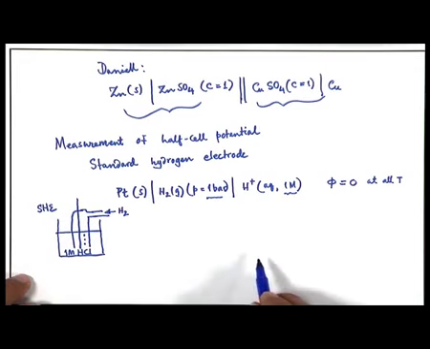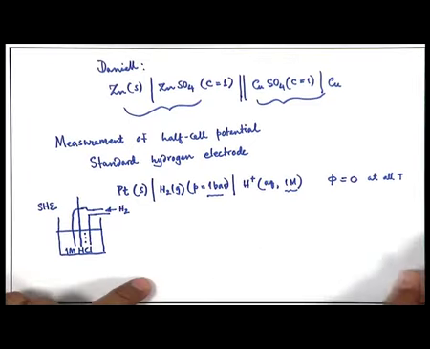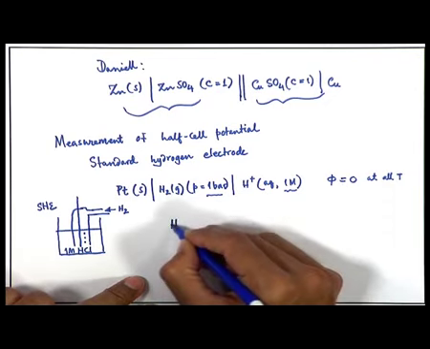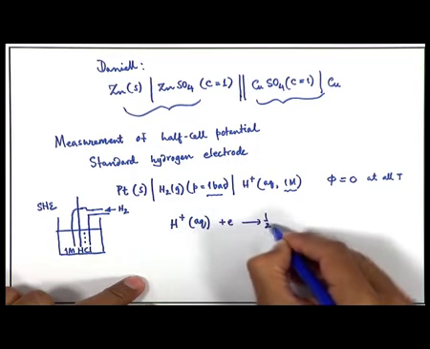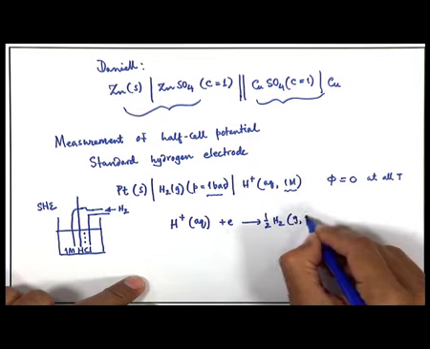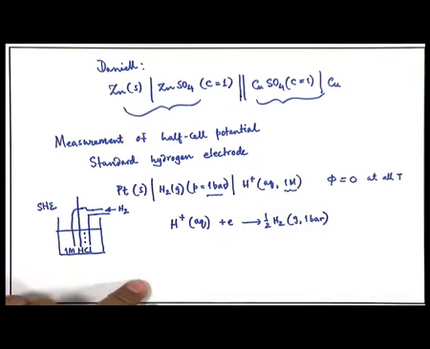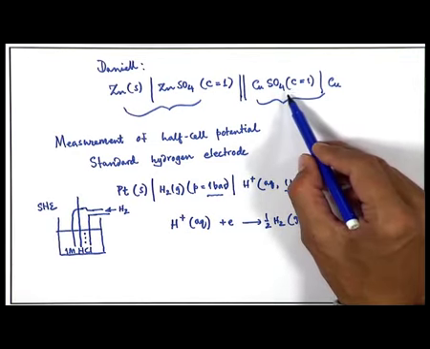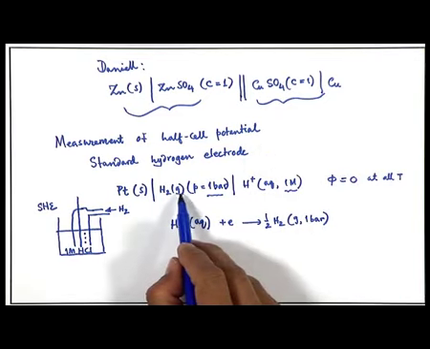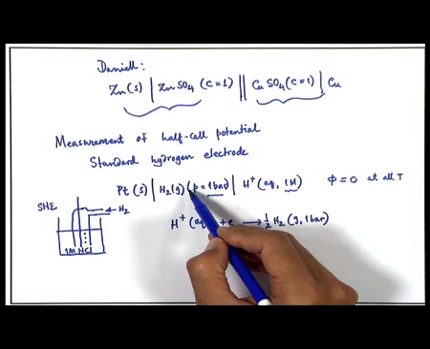At all the temperatures, its phi value, that is the half cell potential, is assumed to be 0, and the half cell reaction goes as follows: H plus plus electron gets to half H2 gas at 1 bar. So, this is the reaction. Therefore, if you want to know the half cell potential for this, then couple this electrode with either this one or with this one.